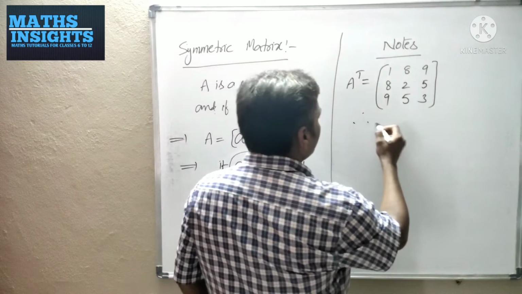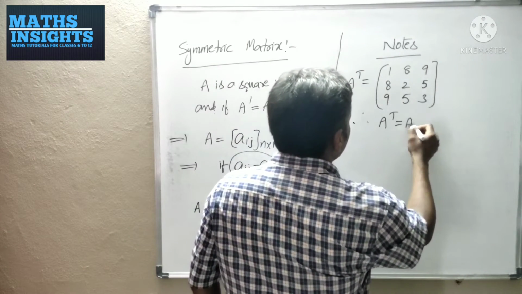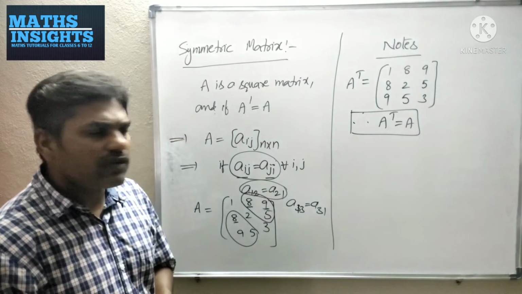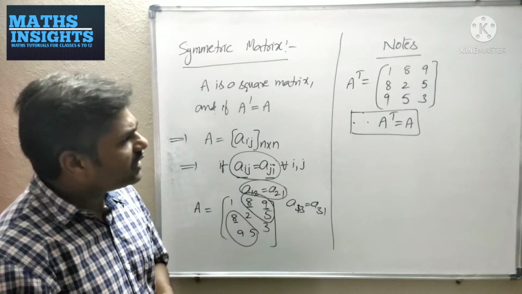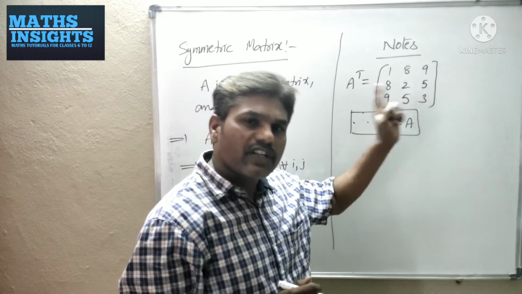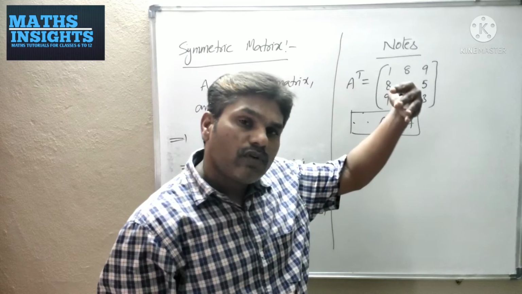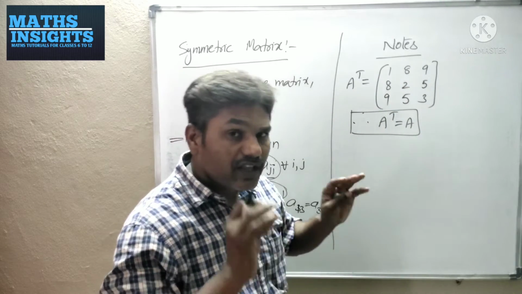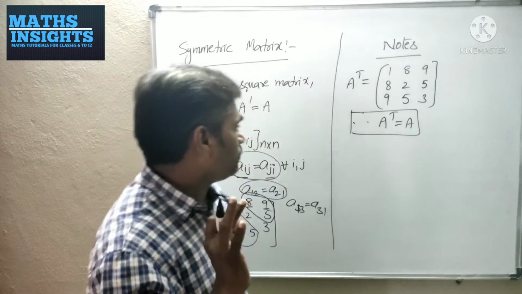Therefore, A transpose is equal to A. Then A is said to be the symmetric matrix. In this way, you can verify. If you want to take any example, be careful. You may write whatever elements you want in the principal diagonal, but the elements above and below the principal diagonal must be the same, and they should be in the same order also.